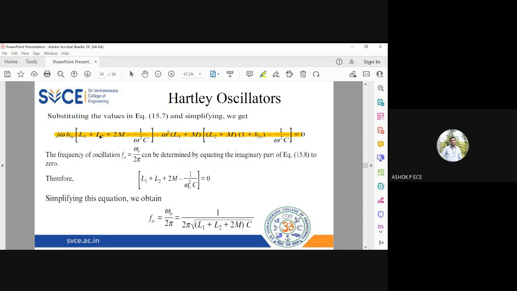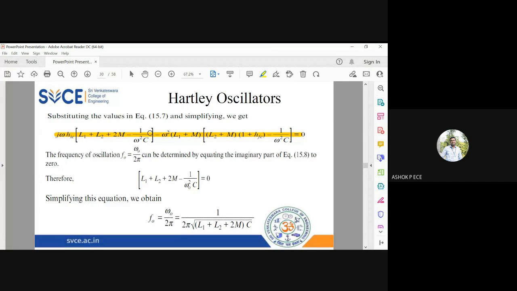So this is the simplified expression you get after substituting into the general form of the LC oscillator equation. So you have a real term and an imaginary term. The imaginary term will have a j component and the real term will be a real number. So for finding the frequency of oscillation, we equate the imaginary term to zero, because at the frequency of oscillation, the circuit is a pure resistance.